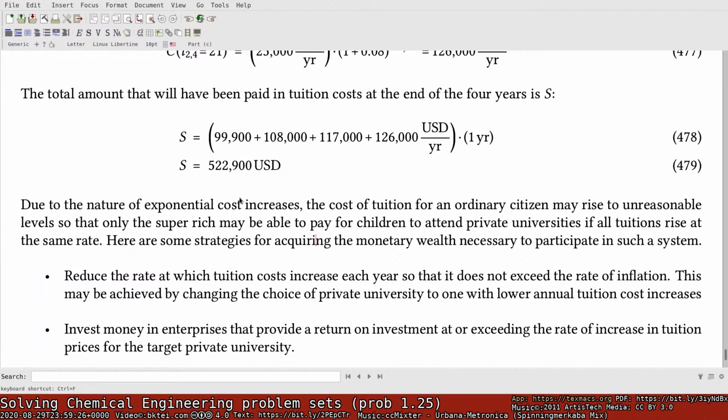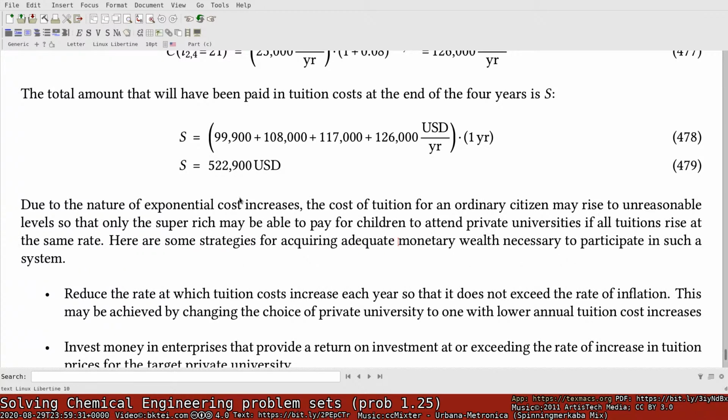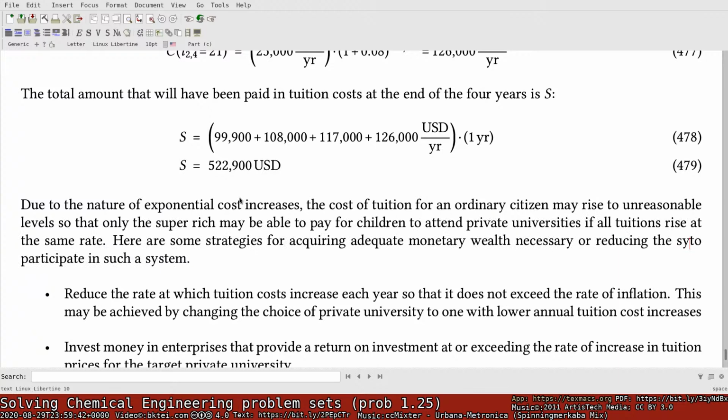Here are some strategies for acquiring adequate monetary wealth.